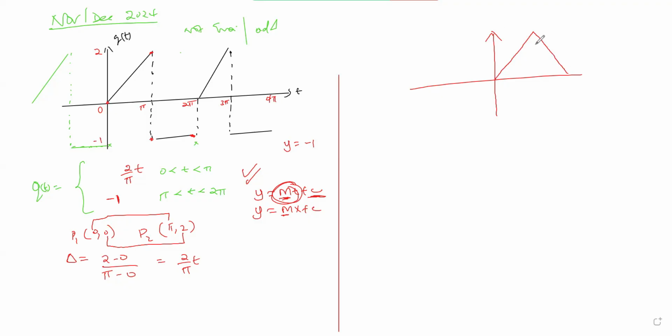That was the function. Again, this one was f(t), so therefore this one is t. Okay, we have pi over 2, we have pi, we have 0. Okay, so we have this.